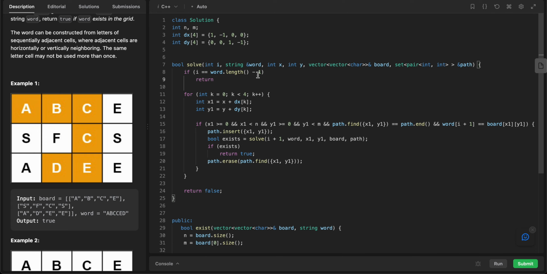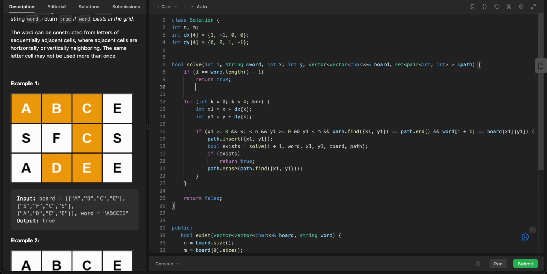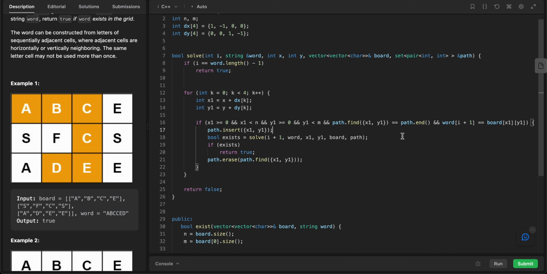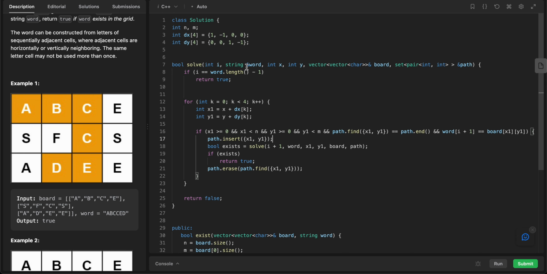If it is equal to -2, then it will equal to -1. Yeah, word of -1. If it matches, that means here I can return true. If somehow I am able to reach at this location, it should be true. What else? Yeah, changing xy path, I think, yeah, that is only base case.